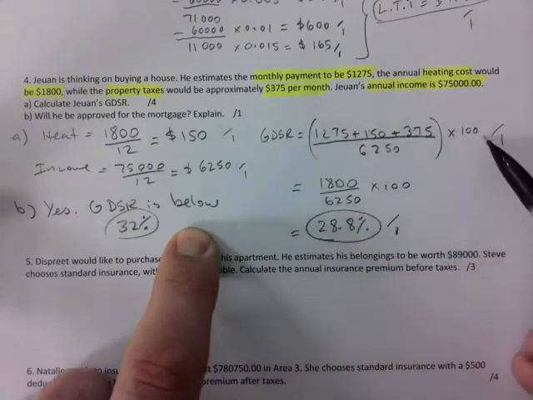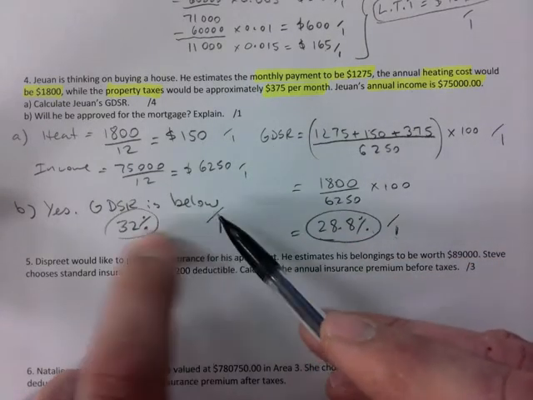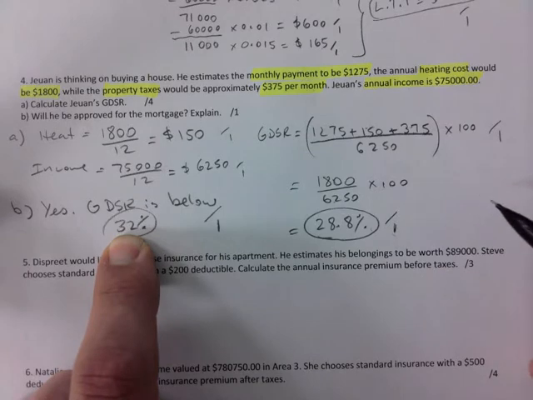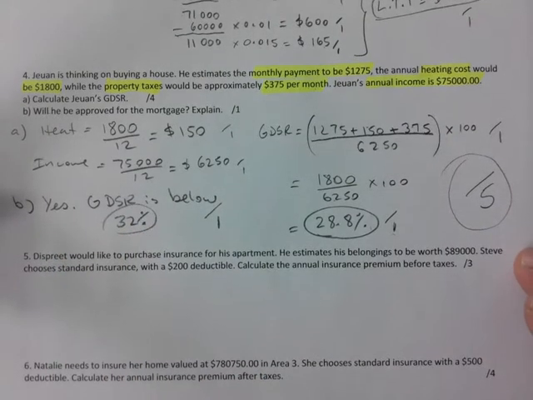So it's 1, 2, 3, 4, and then 1 more mark for the explanation. You have to have the 32 showing up there. So question 4 is out of 5 total. If you want to have a running total there, it's 5 for A and B combined.